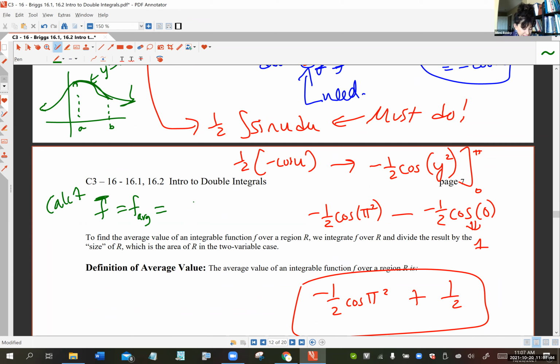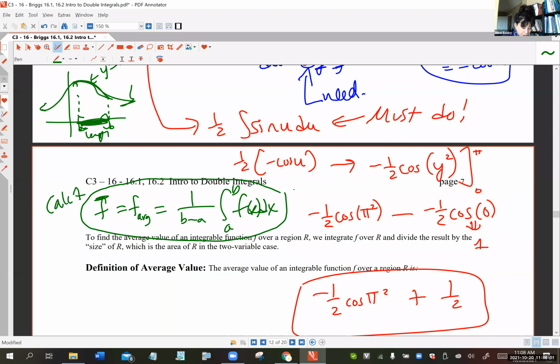Either way, it's going to be 1 divided by the length of the interval, which is B minus A, multiplied by the integral going from A to B of F of X dx. I'm asking you to remember this formula from Calc 1, because we're going to now extend it to a function of 2 variables.